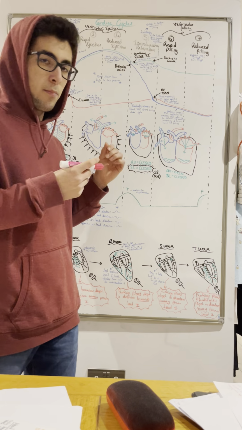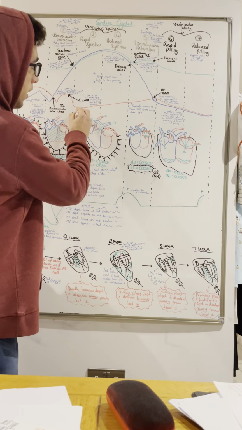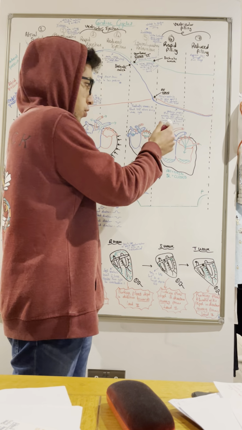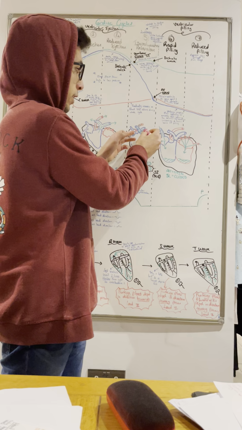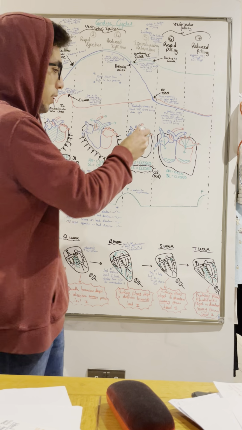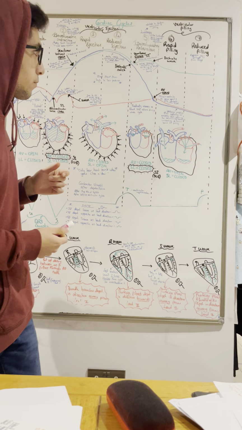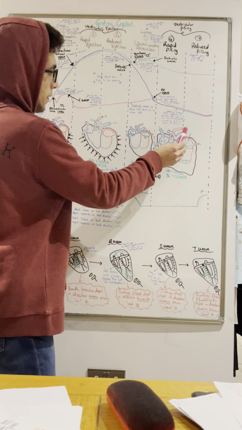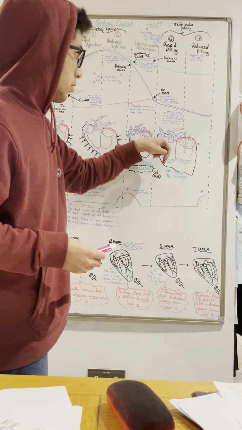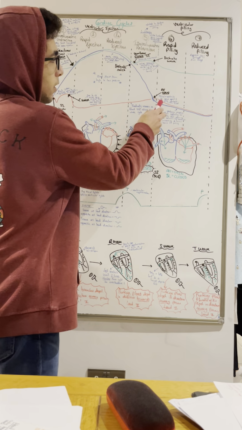our blood keeps coming to the heart because of this little gradual increase in pressure. Blood keeps coming into the atria, and then eventually they just empty, like a little waterfall, blood pours into the ventricles, and then we start the cycle again, where all the blood coming back to the heart just goes straight to the ventricles, and it starts filling.